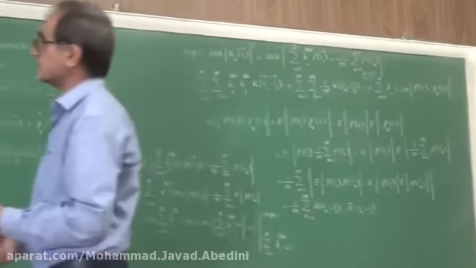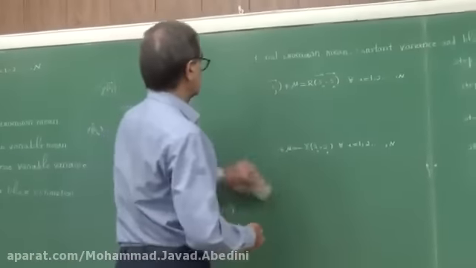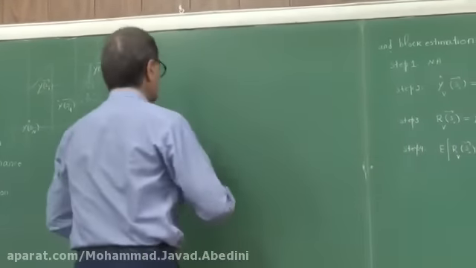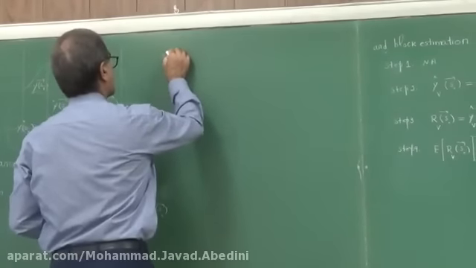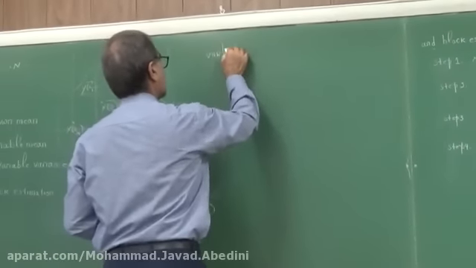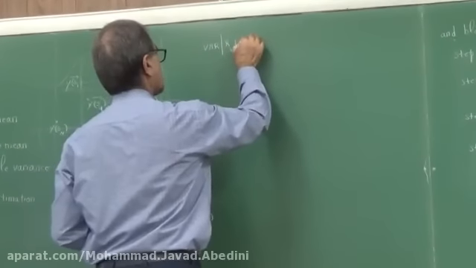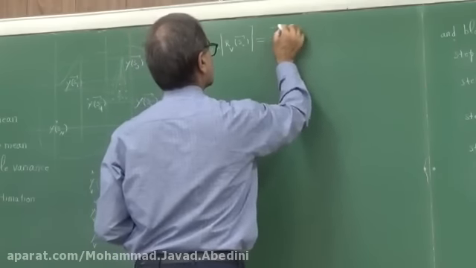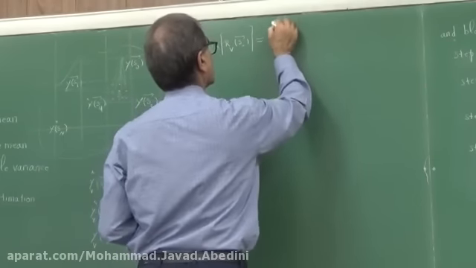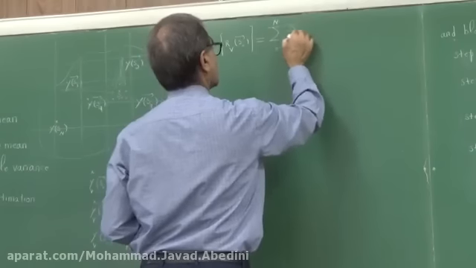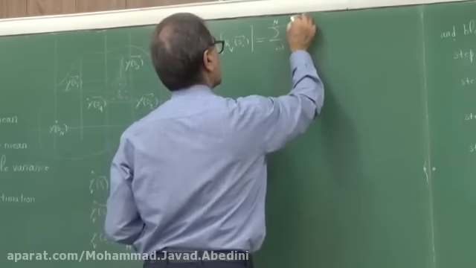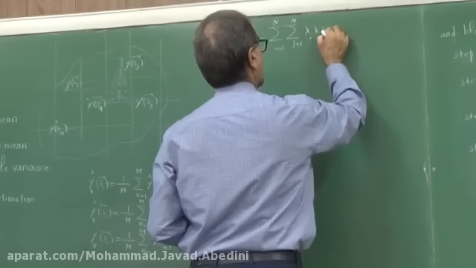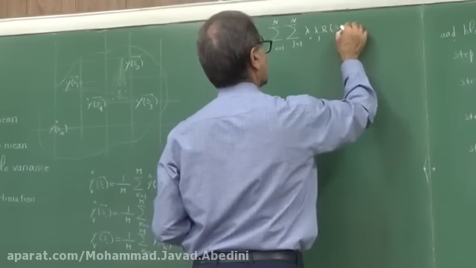Therefore, variance of residual over block V index at S0 can be written as summation i from 1 to n, summation j from 1 to n, lambda i, lambda j, r sub si, sj.